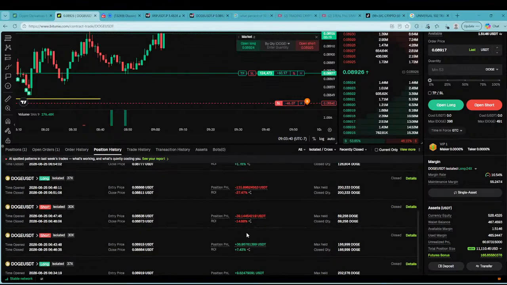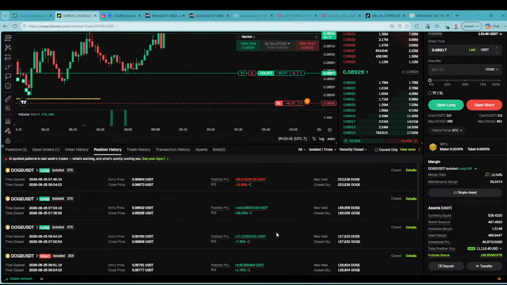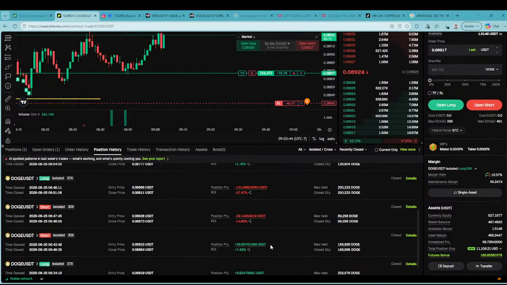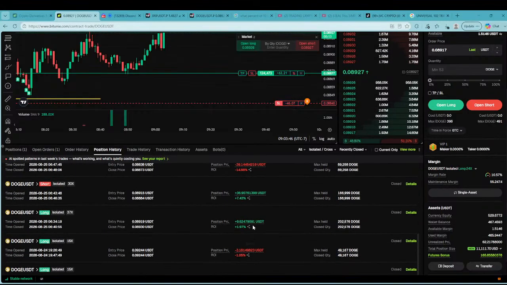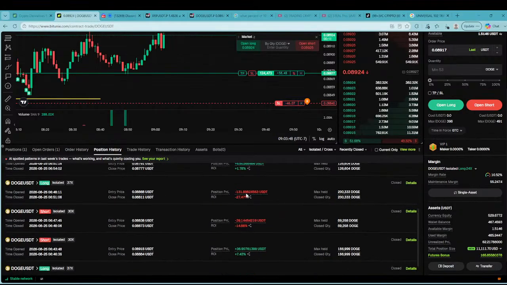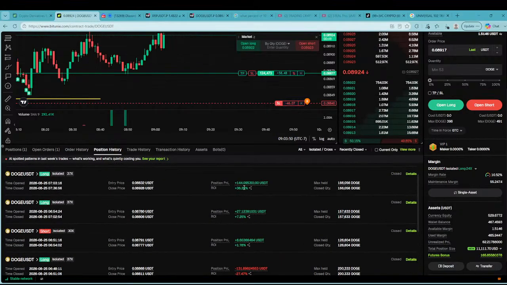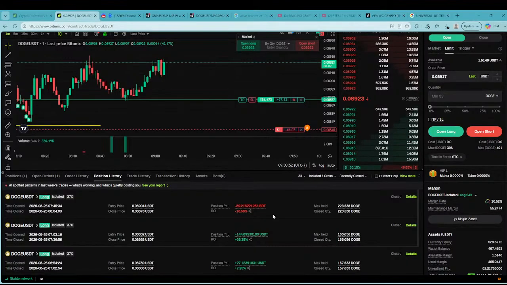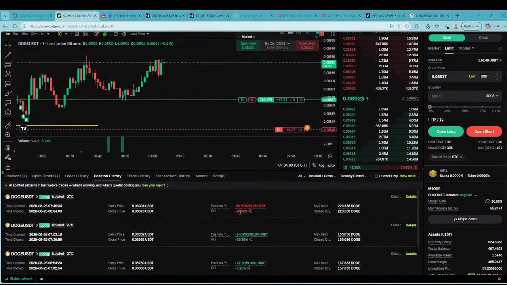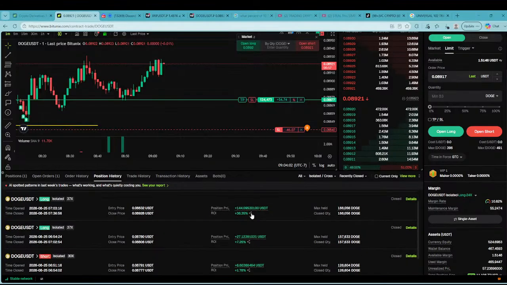But this is what you have to do: when you go back and look at your stuff, I can see here that I have 1, 2, 3, 4, 5, 6, 7, 8, 9 trades, right? And then I need to be winning twice as much as I lose. So my losses should be 60, my win should be 120, right?